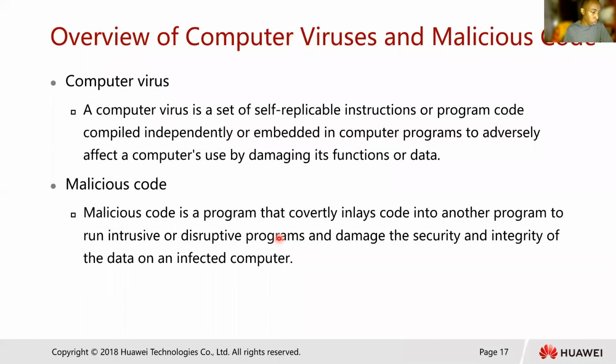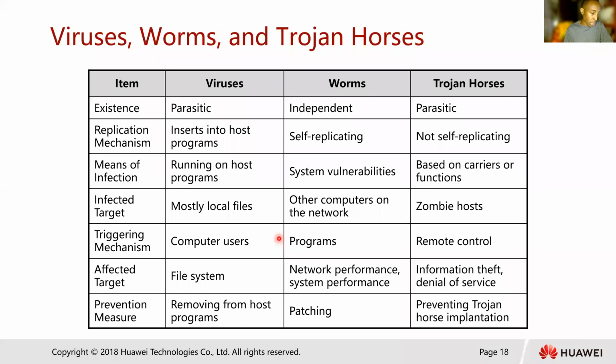Now, looking at viruses, worms, and Trojan horses, there are some subtle differences between them. In terms of existence, viruses are parasitic, worms are independent, and Trojan horses are also parasitic.